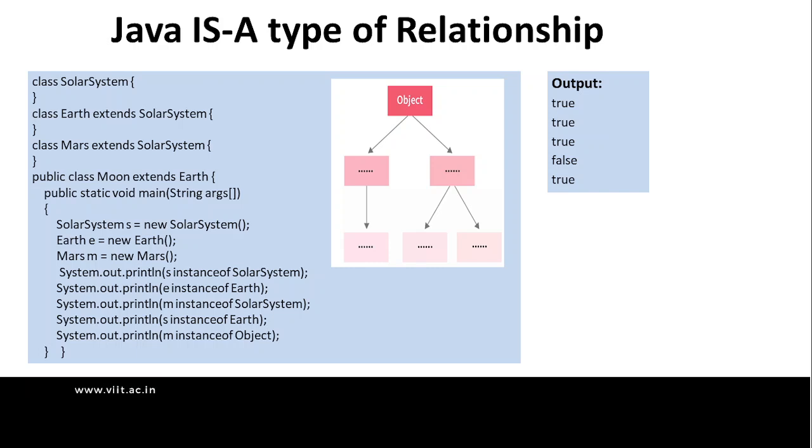Let us check this also. Create Solar, Earth, Mars, and at the end Moon, which extends Earth.